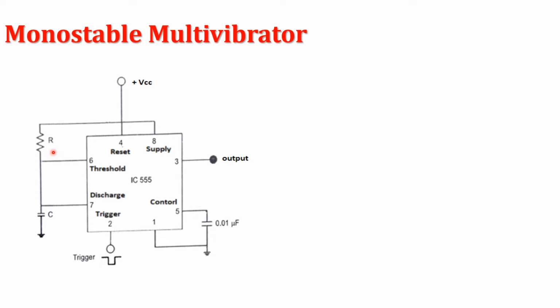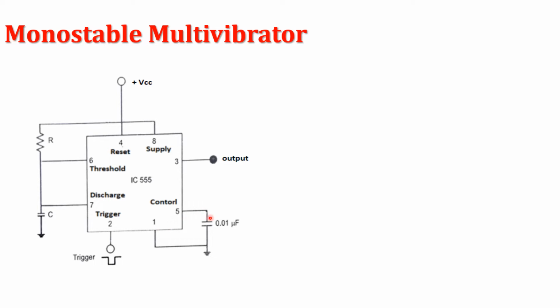The external resistor R is connected between the positive supply and threshold pin 6 and discharge pin 7. Another component, the capacitor, is connected between the threshold pin and discharge, and the other terminal of the capacitor is connected to ground.